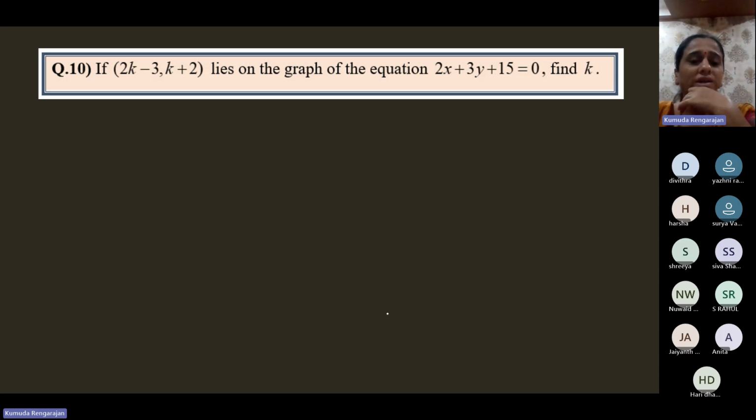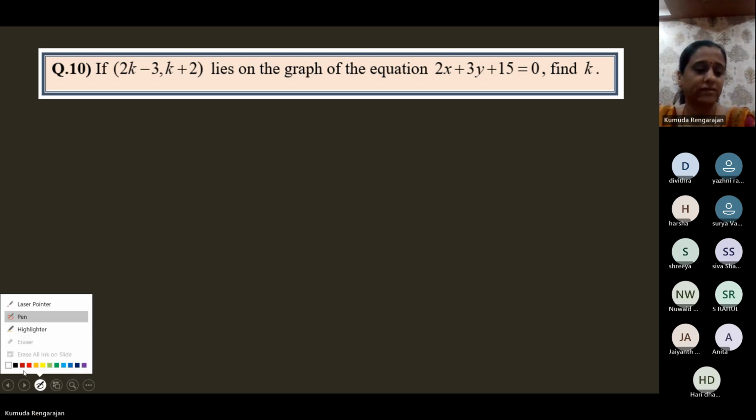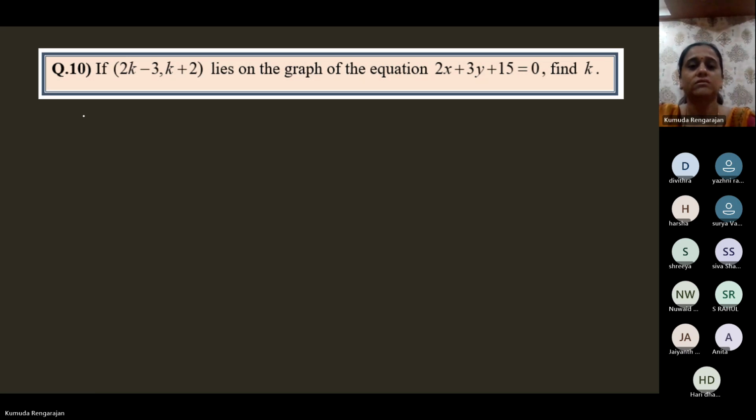If (2k minus 3, k plus 2) lies on the graph of the equation 2x plus 3y plus 15 is equal to 0, find k. So, 2x plus 3y plus 15 is equal to 0.